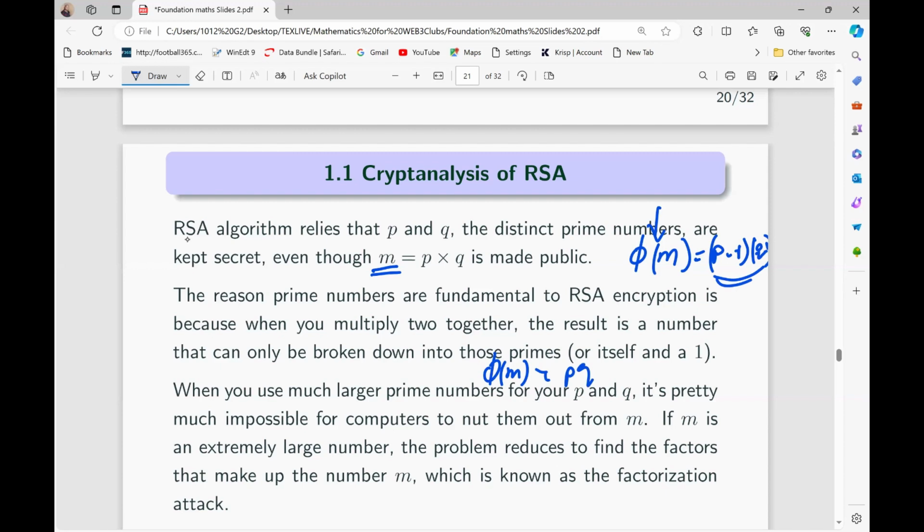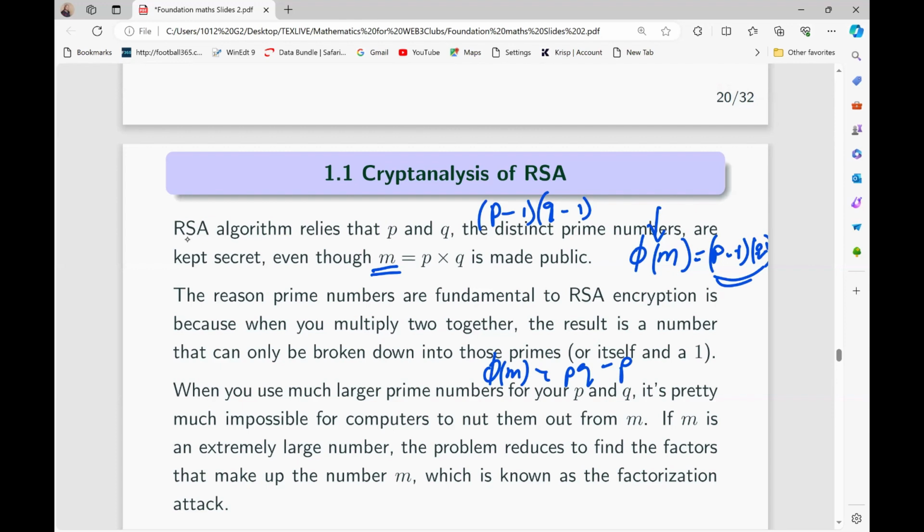When you multiply, you have PQ, then minus P, and then minus Q, and then plus 1.